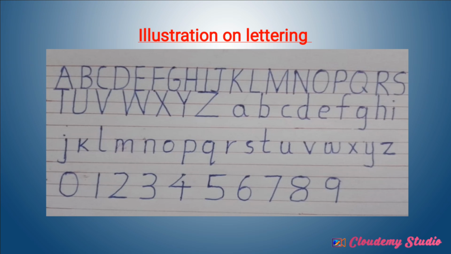So when you are making your lettering, the letters should be upright, they should stand upright, not slanting. Then if you look keenly, you will see that I have a maximum height of 10 millimeters and a midpoint of 5 millimeters. That midpoint is what makes all my letters uniform. I made the capital letters, that is A to Z, and also the small letters.